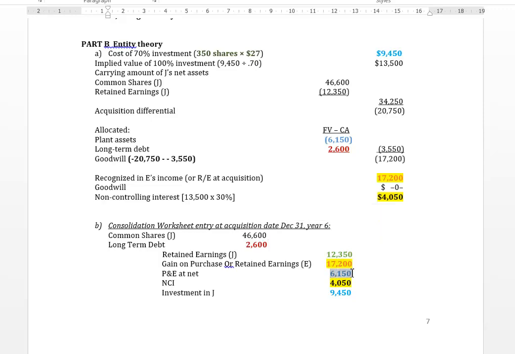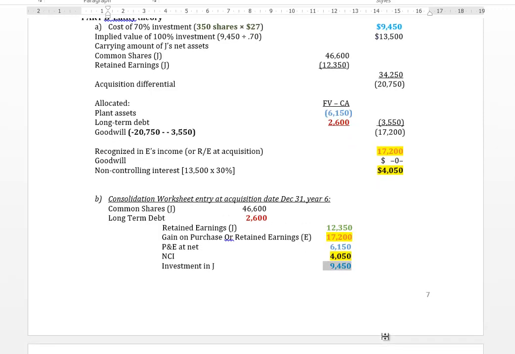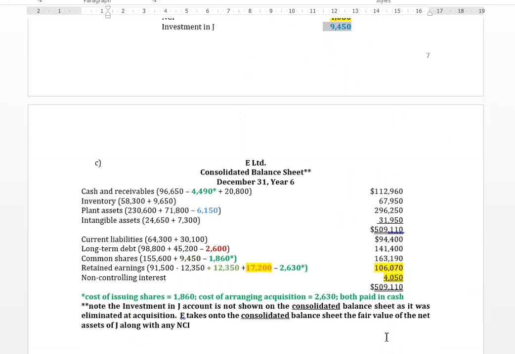We're going to record on the third set of books, not the separate entity books, but on the third set of books, $6,150 decrement. We're booking our NCI at $4,050, and we're eliminating the investment account. All right. Now, what impact does this have on the consolidated balance sheet?